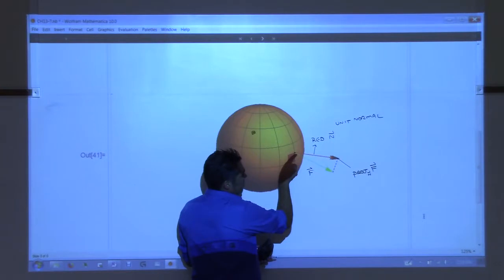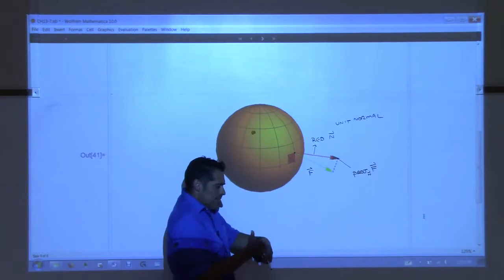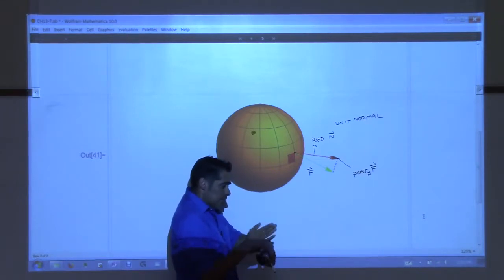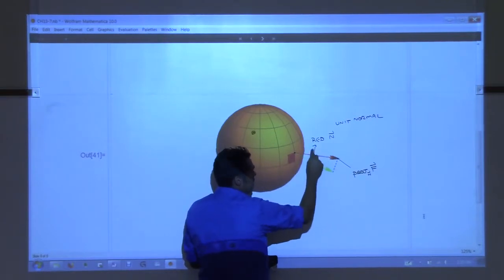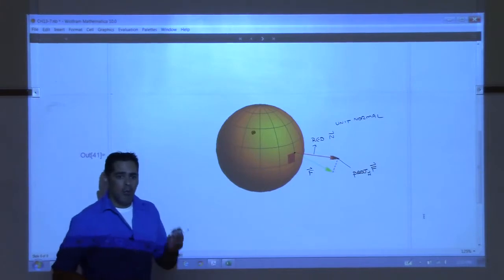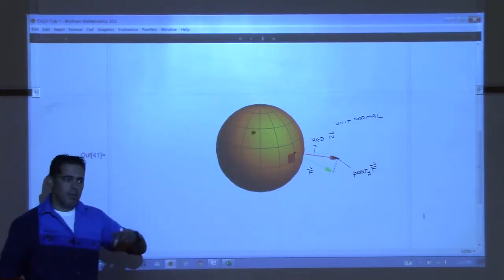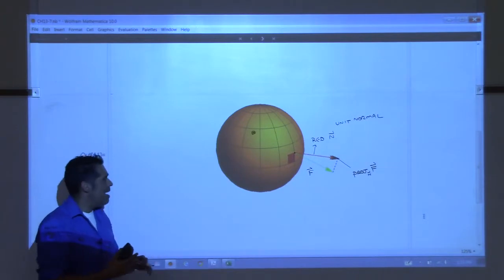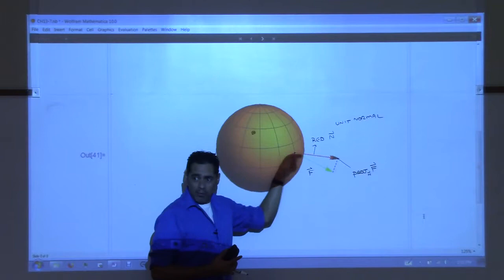Instead of looking at the vector with a bit of an angle to my net, I'm asking what is the contribution of that vector straight out of my net? So I project it onto the unit normal, and that gives me the black vector. Now what we're interested in is not the projection vector. We don't want the vector, we want the length of it. And that will tell us the rate at which we are flowing through that point.